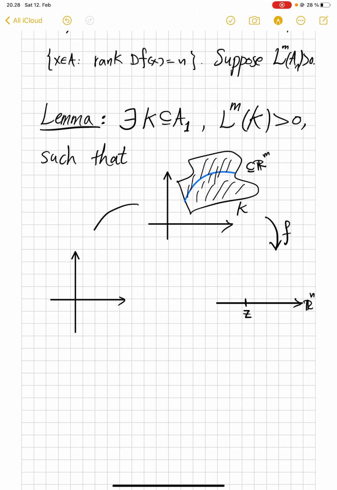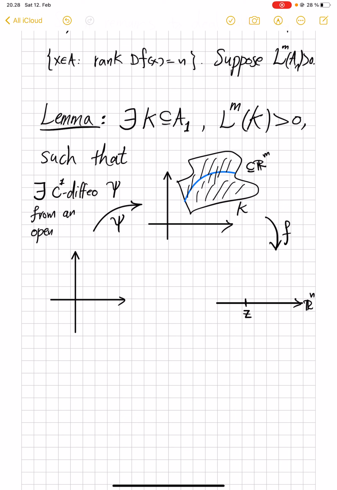I can find a C1 diffeomorphism psi on an open set U. Well, I don't want to add too much notation.